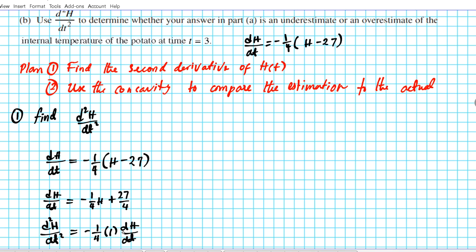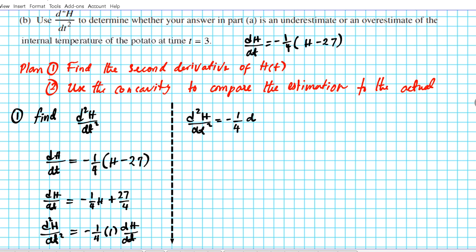It's kind of like implicit differentiation. Had it been negative 1/4 t, then it would just be negative 1/4 as your derivative. So be really careful when you're carrying out higher order derivatives, and pay attention to scenarios where you have to use implicit differentiation. Okay, so let's make that look pretty. The second derivative, d squared h dt squared, is negative 1/4 dh/dt.